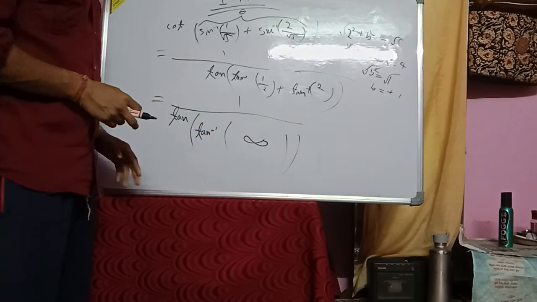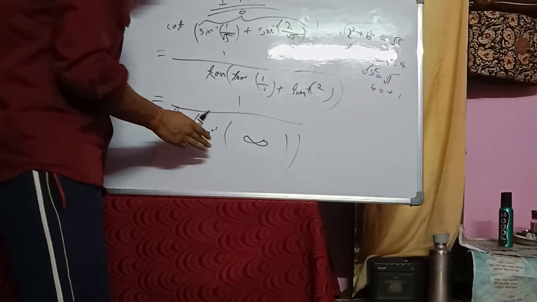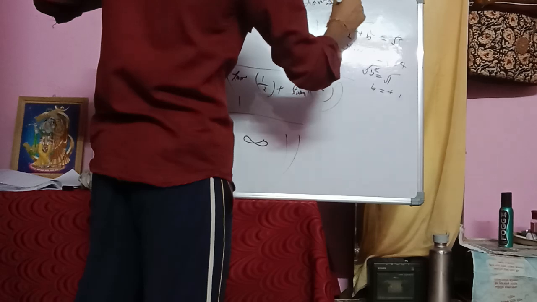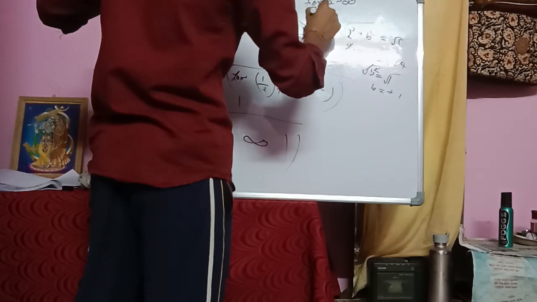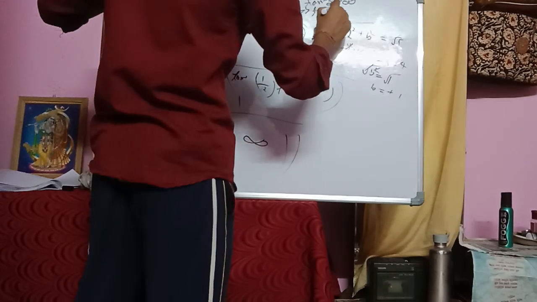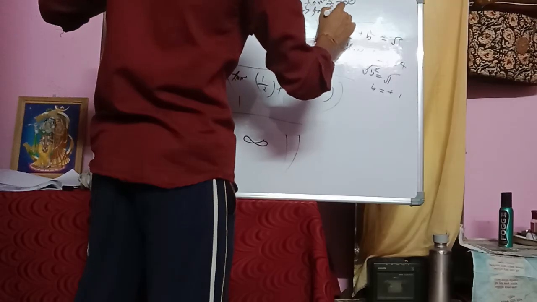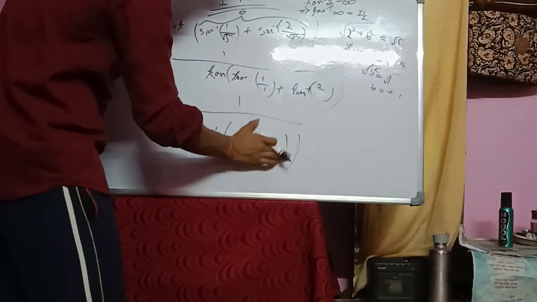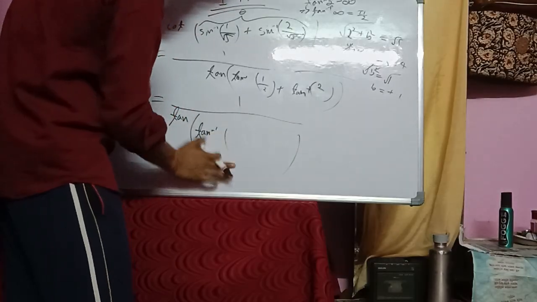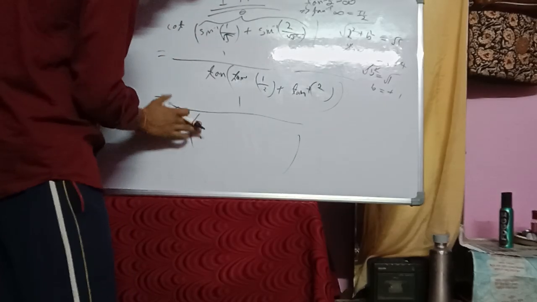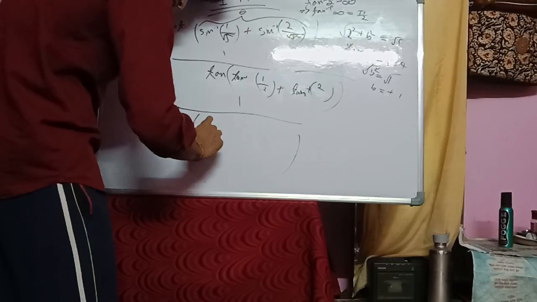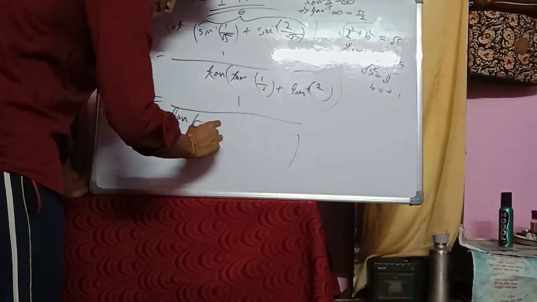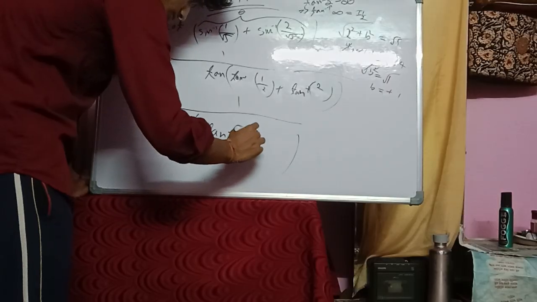Now tan inverse of positive infinity. We know that tan of pi over 2 is infinity. So of course tan inverse of positive infinity would be pi over 2. So this can be rewritten as pi over 2. What I actually do here is we have tan of tan inverse of infinity.